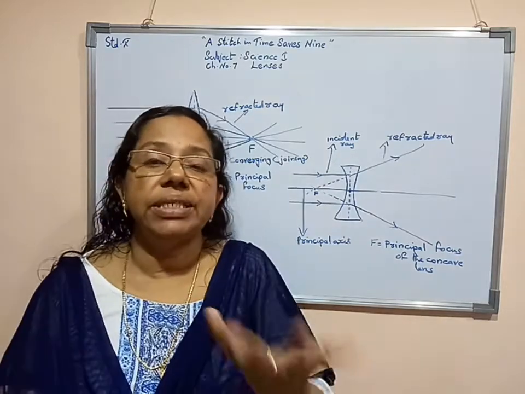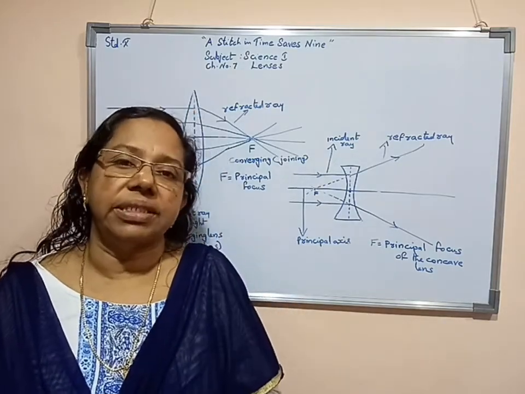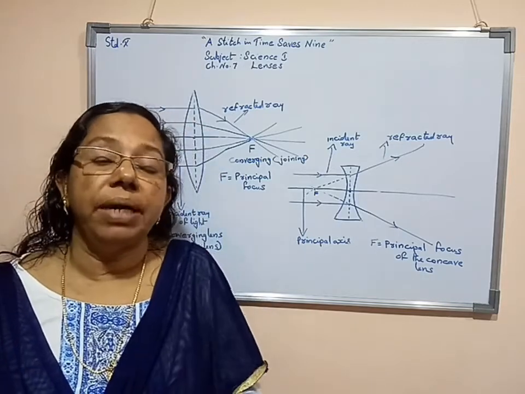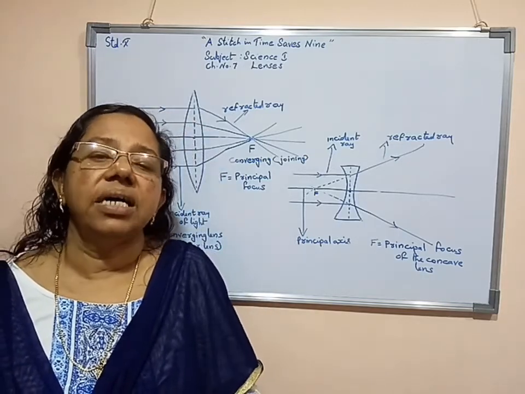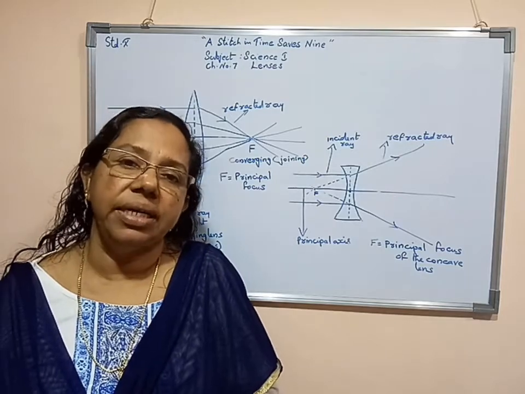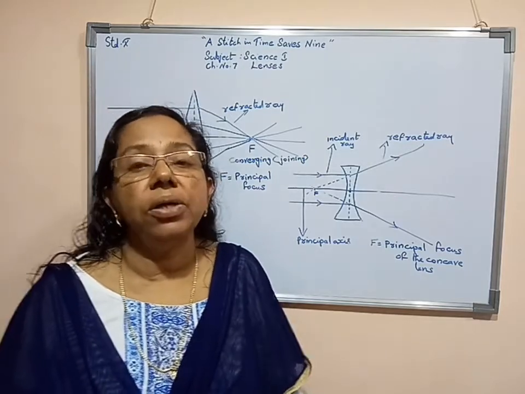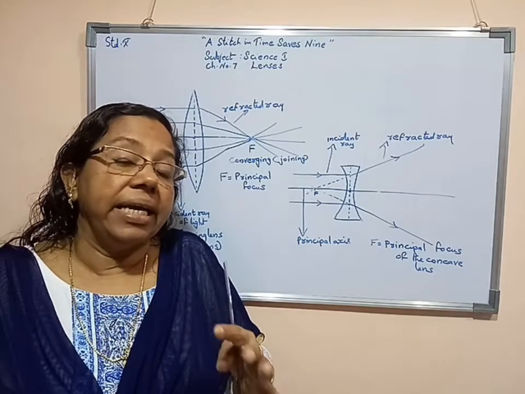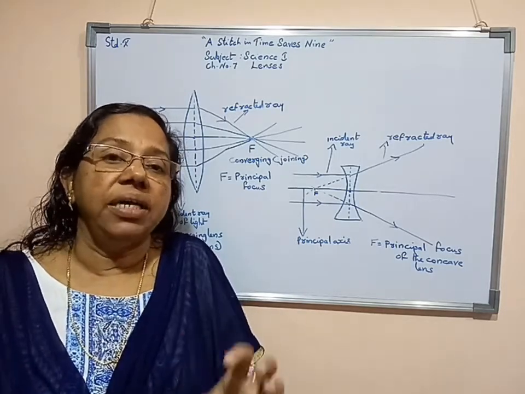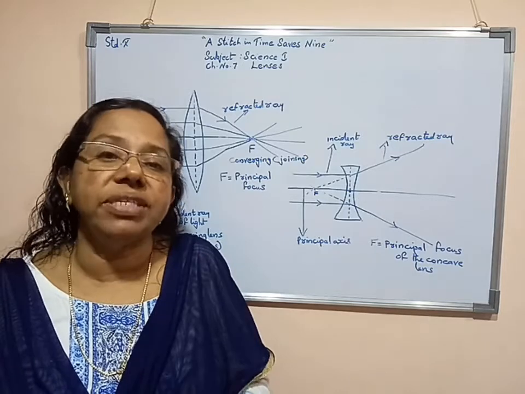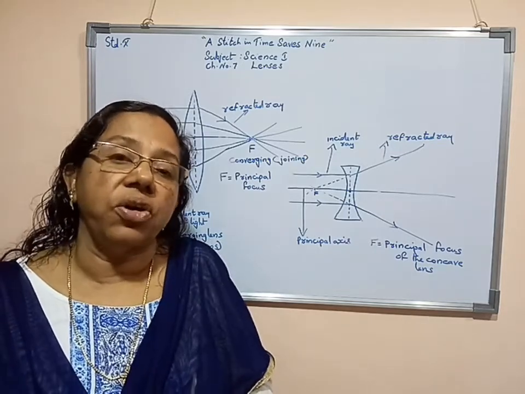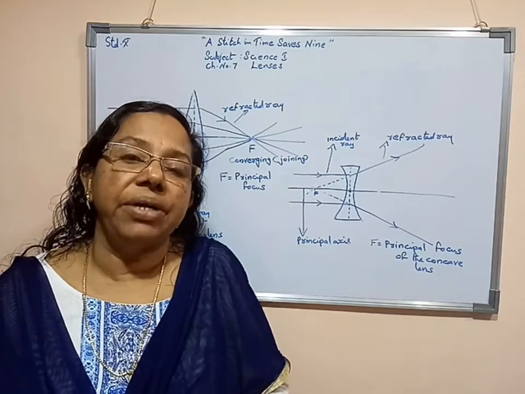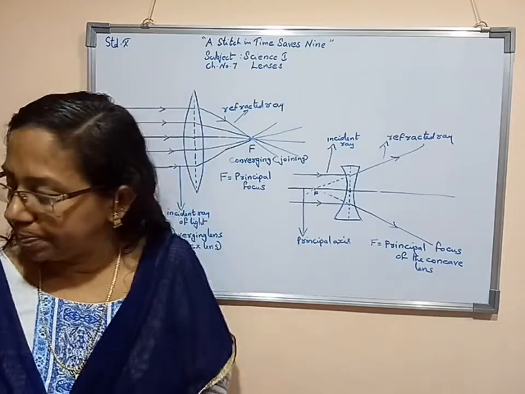Now we have to study the rules for drawing ray diagrams, one by using a convex lens, the other by using a concave lens. Before drawing ray diagrams using a convex lens, we must know which rules we have to follow.